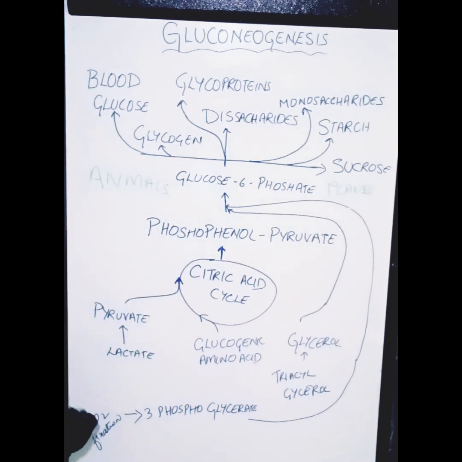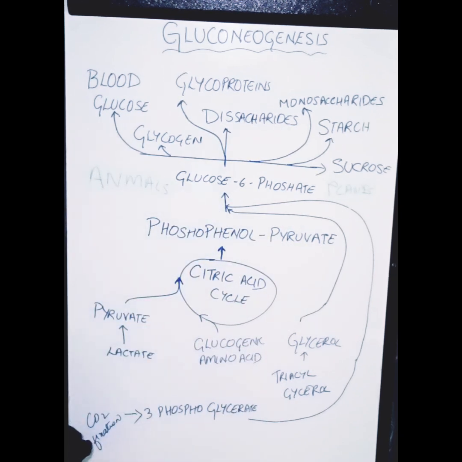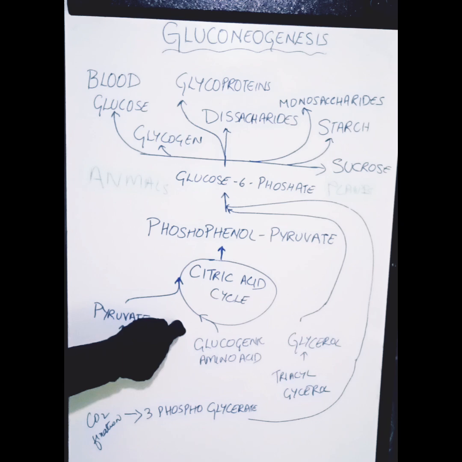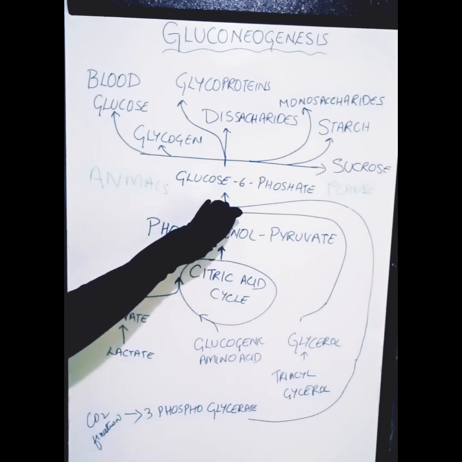Plants and certain bacteria have a unique ability to convert carbon dioxide to carbohydrate. Here, the microorganisms as well as the plant do not necessarily have to get into the citric acid cycle or the glycolysis pathway to produce glucose 6-phosphate.